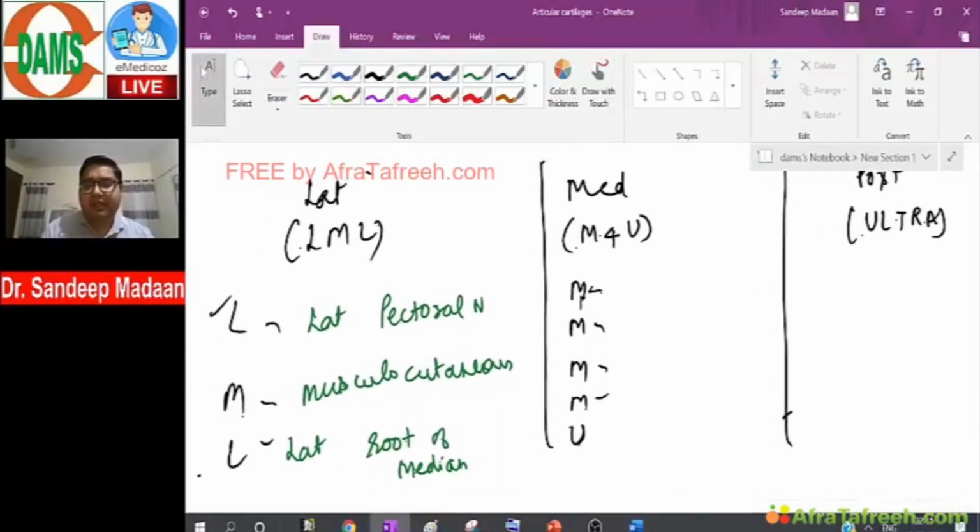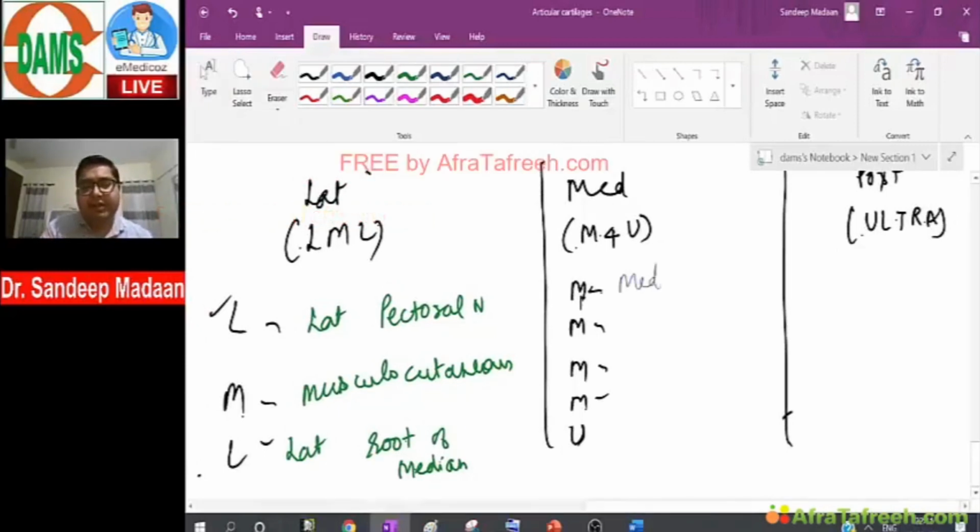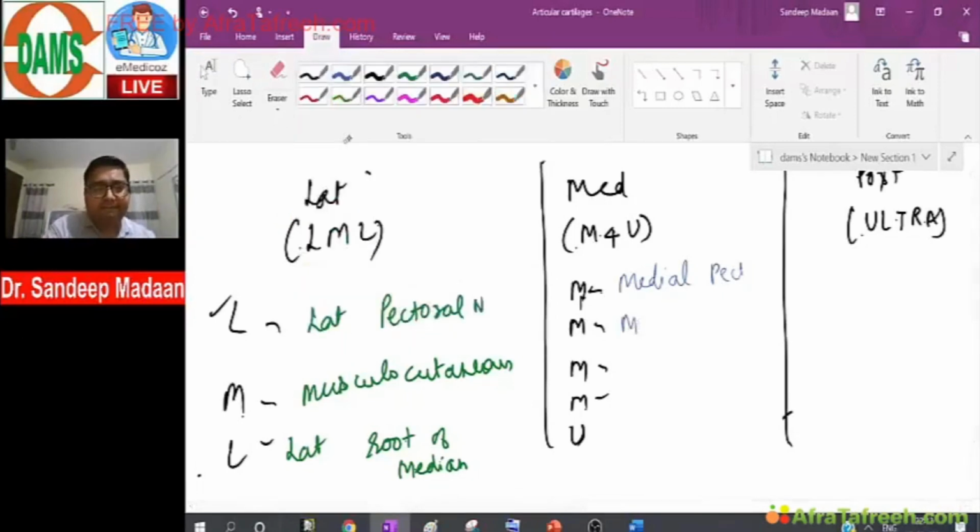Similarly, we wrote lateral root of median; here we will write medial root of median. So two Ms can be remembered from the lateral cord: the medial pectoral nerve and the medial root of median.